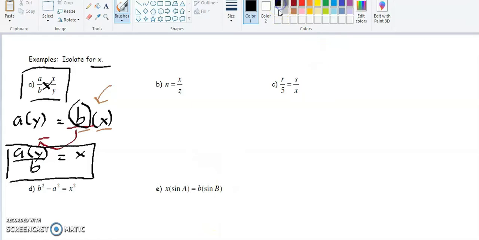So let's try another kind of problem. So let's say you just have one variable equals a ratio. So basically the difference between letter A and letter B is that you only have one variable instead of having two fractions on both sides of the equal sign.